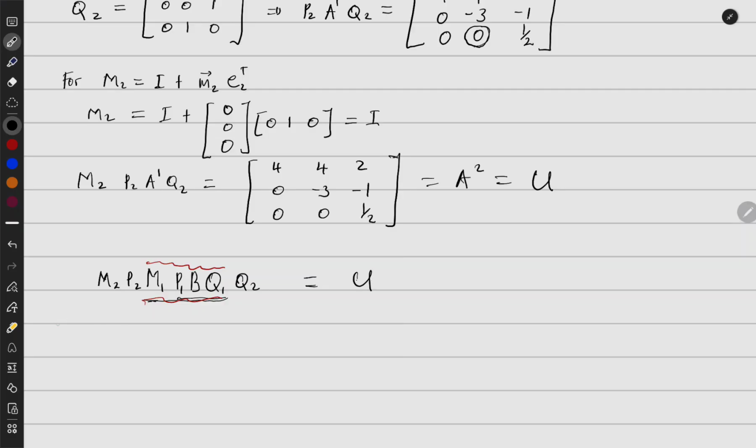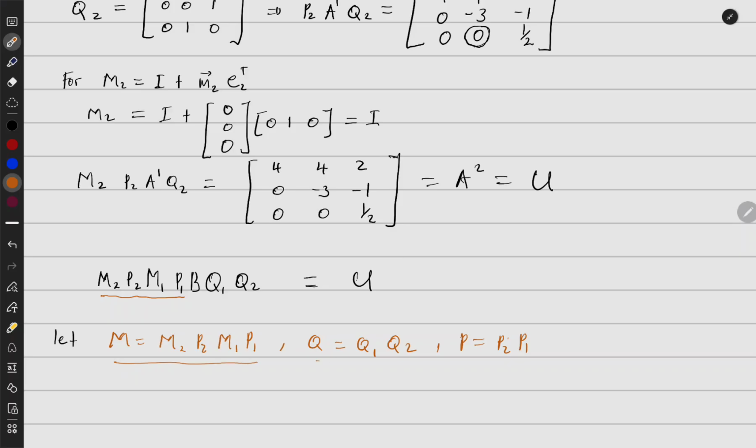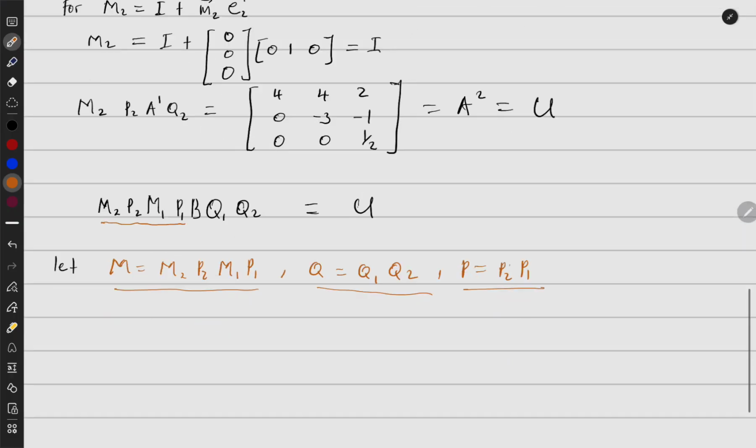So we come and let our capital M be this, let our Q be that, and let our P be that.